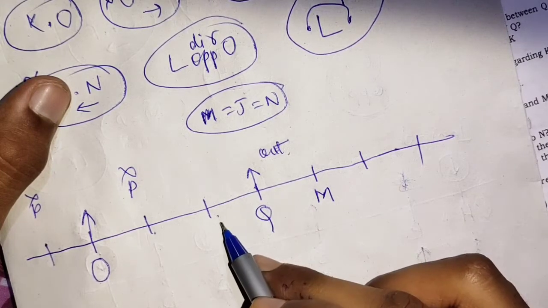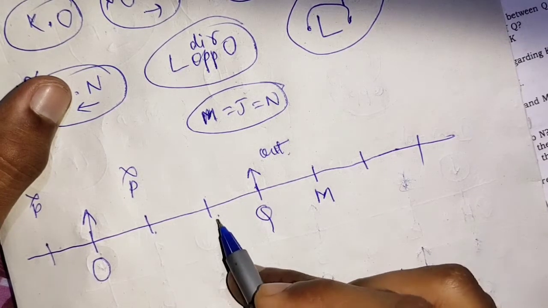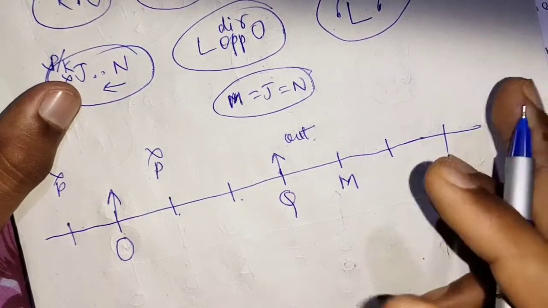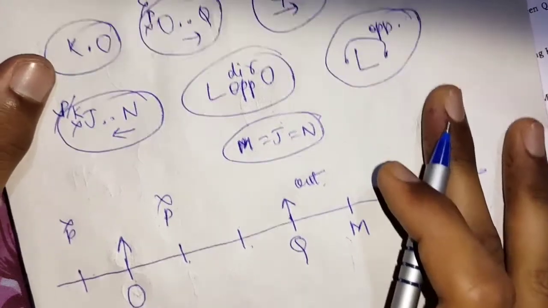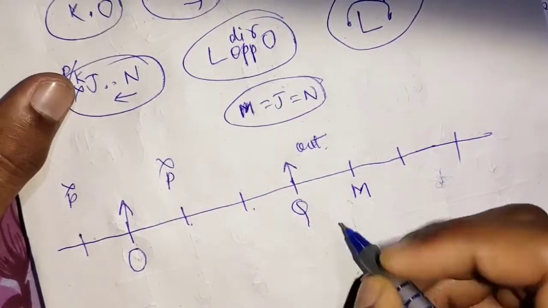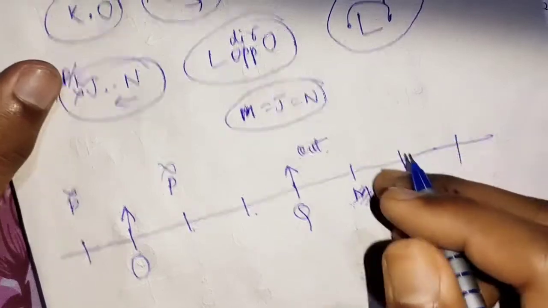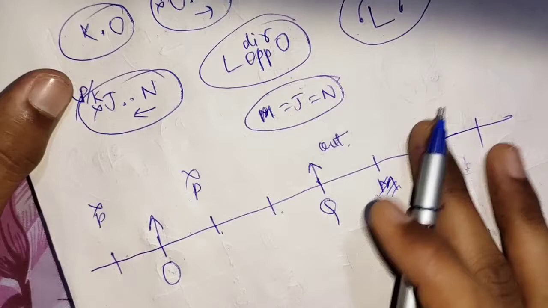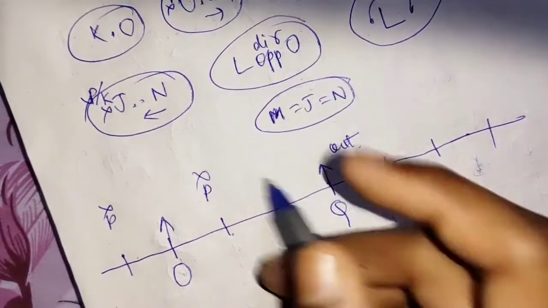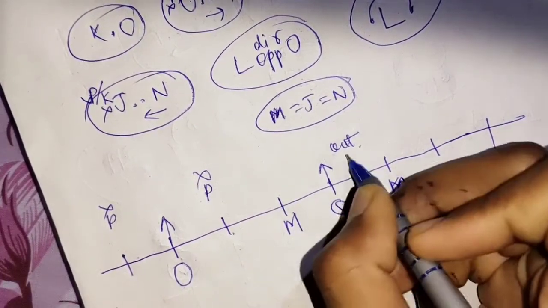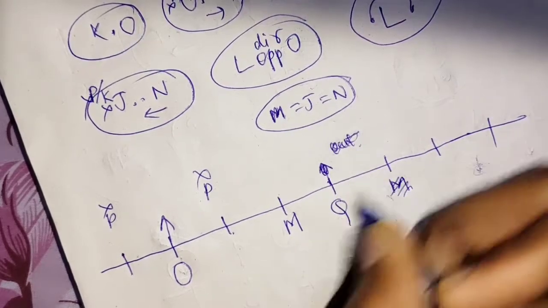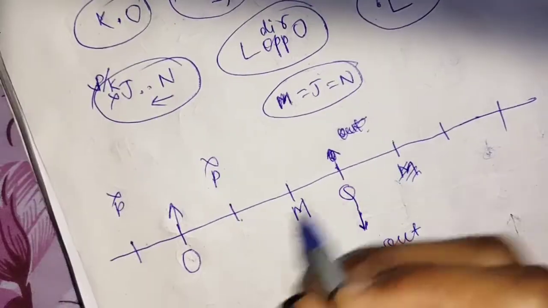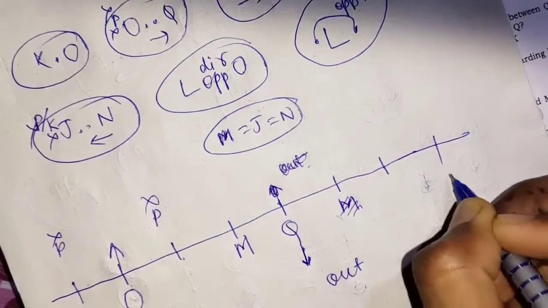But if we put M here, there will be only one possibility of K, that is K will be placed here only. So we should try to solve with that possibility which reduces other possibilities. So let's suppose we place M here, so the direction of Q will be this, and this will be outward, and then K will be placed here.